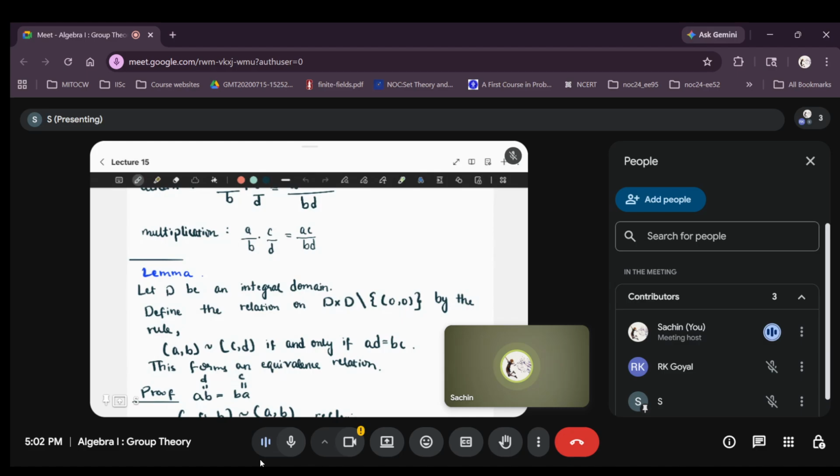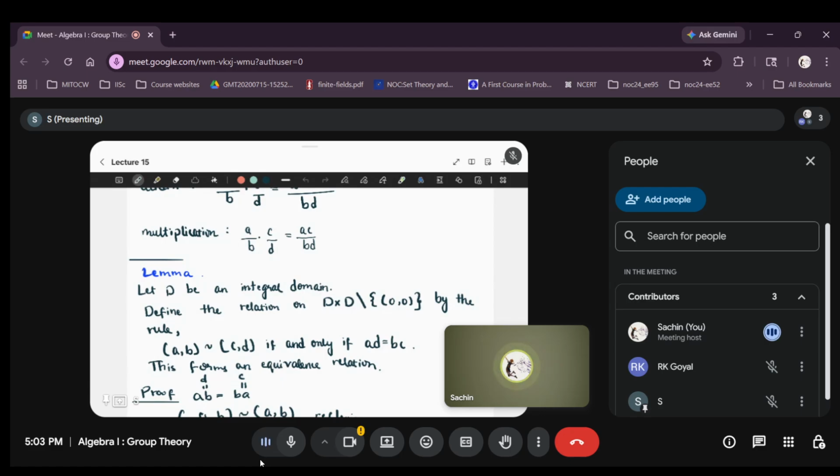Now we showed that this is an equivalence relation, and we know that every equivalence relation has equivalence classes. The equivalence class of one element is the set of all elements related to that element, and these equivalence classes form a partition of the set.